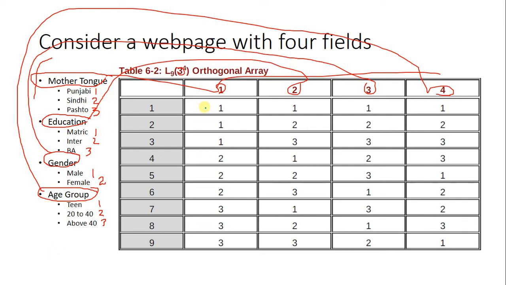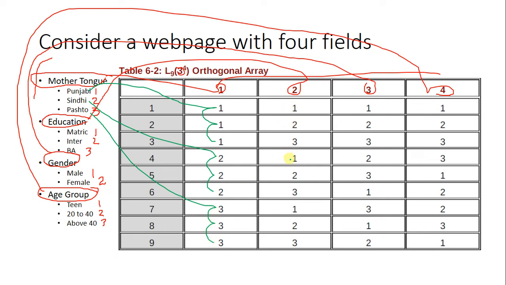So wherever we find 1, we will replace it with Punjabi. So the Punjabi will be here, here, and here. And next, wherever we find 2, we will replace it with Sindhi. So Sindhi will be here, here, and here. And Pashto will be here, here, and here.